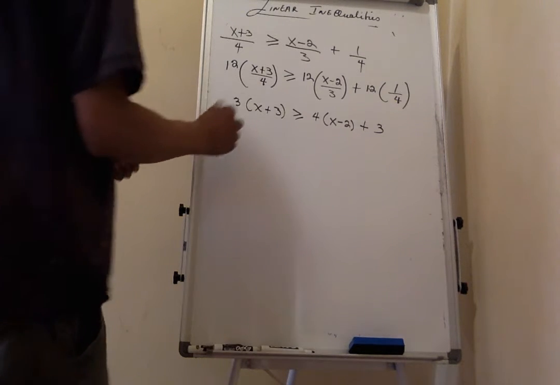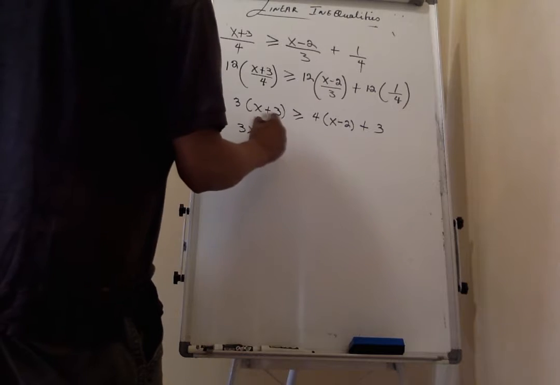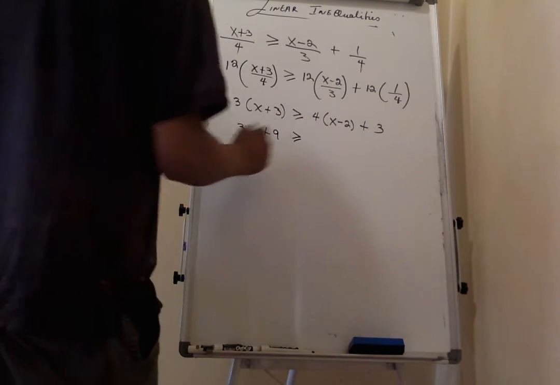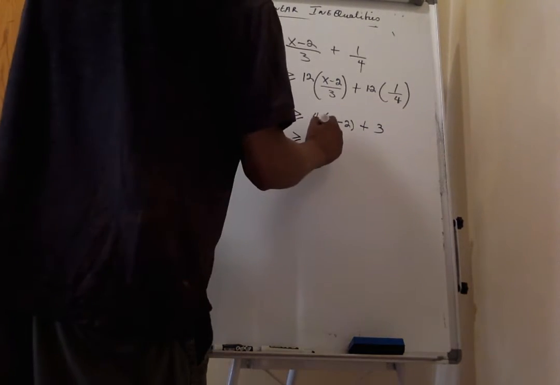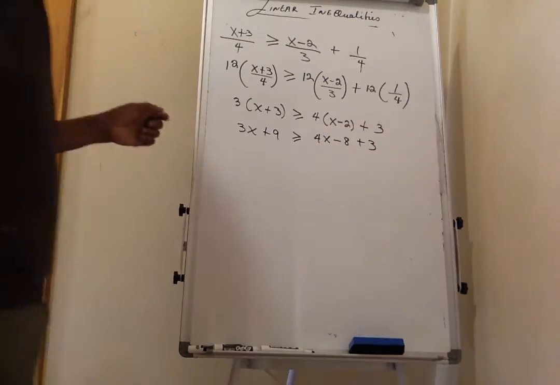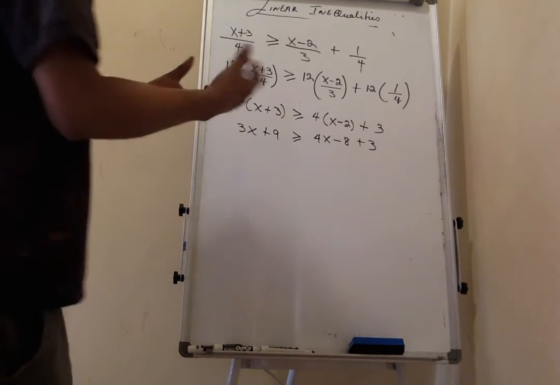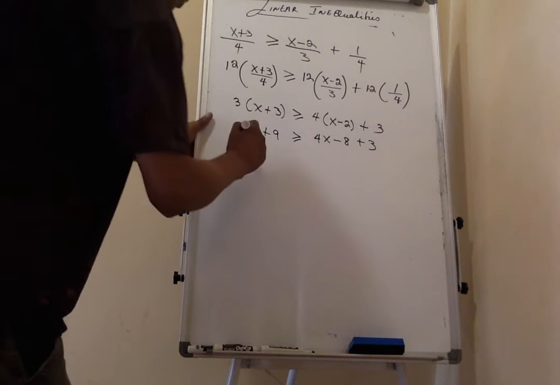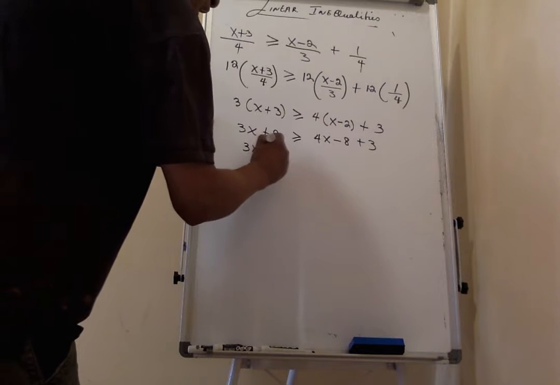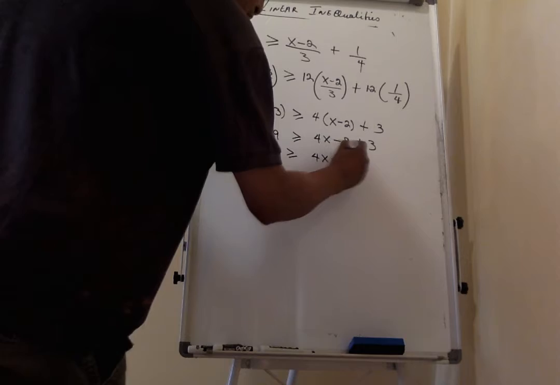So now let's go ahead and solve this. 3x plus 9 is greater than or equal to 4x minus 8 plus 3. And let's combine like terms. So this one would be 3x plus 9 is greater than or equal to 4x minus 5, right?